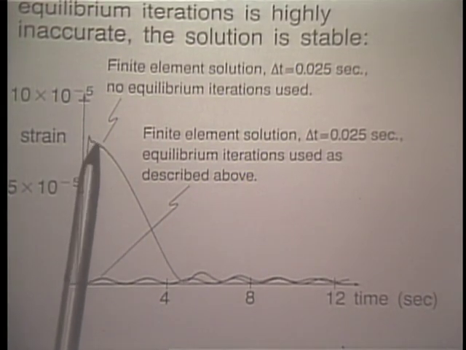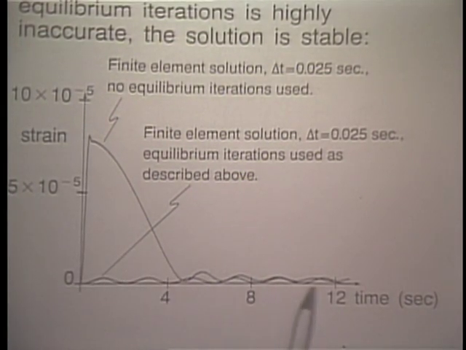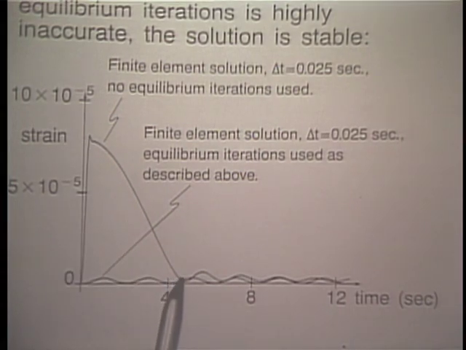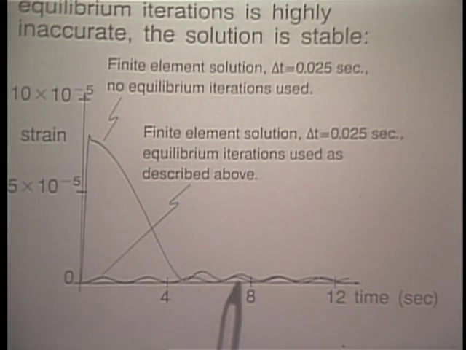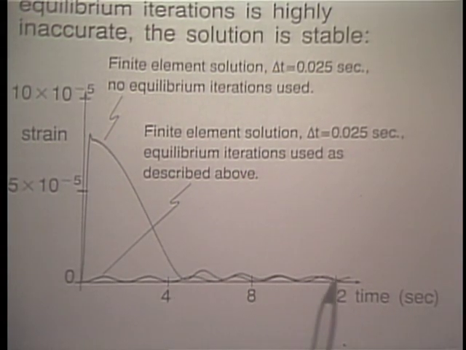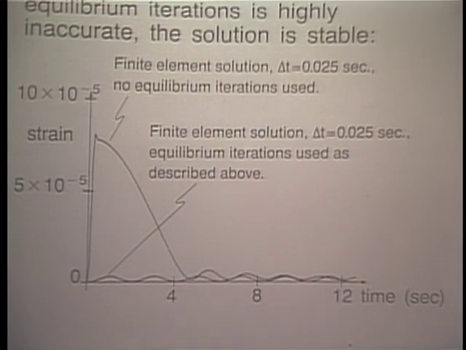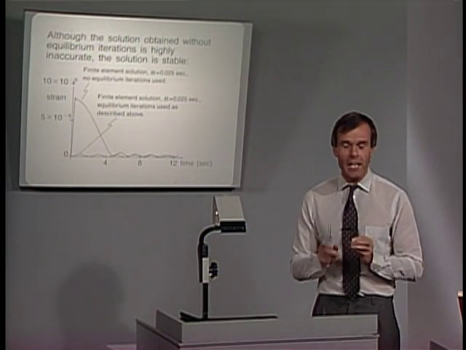Notice here we are plotting strains in the truss element as a function of time. No blow up of that strain, no violent oscillation. It is in fact going up here and then becoming rather small, oscillating as shown here. So we don't have an unstable solution, but a highly inaccurate solution.